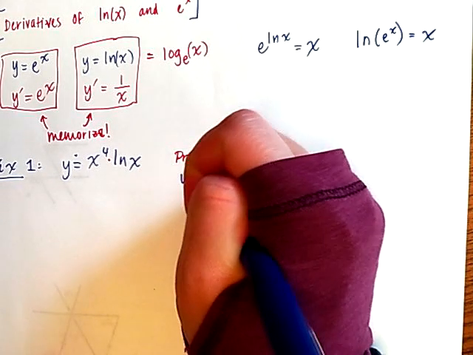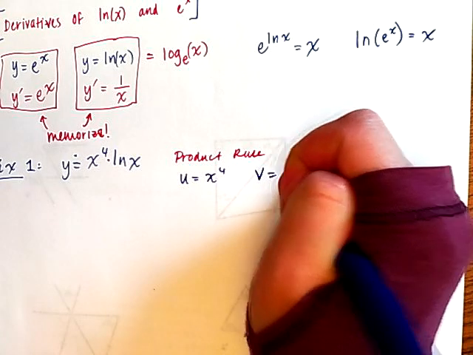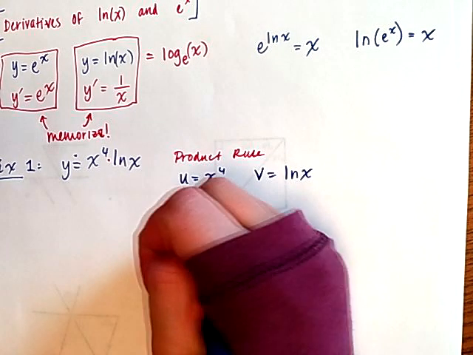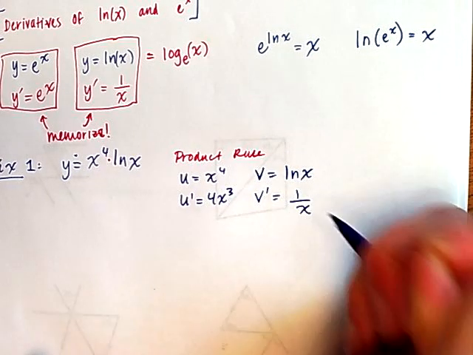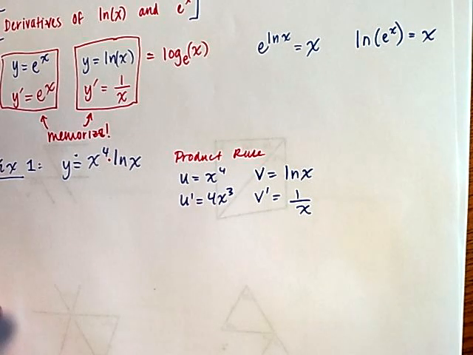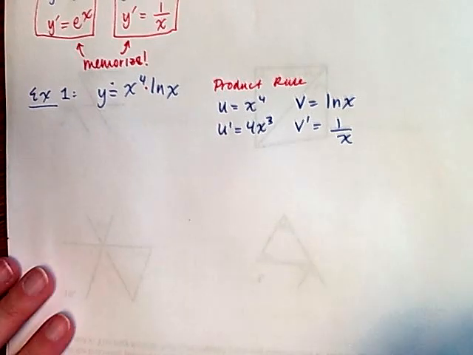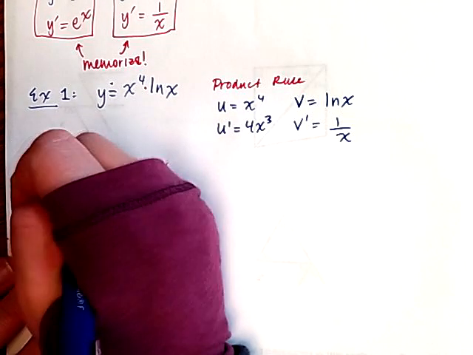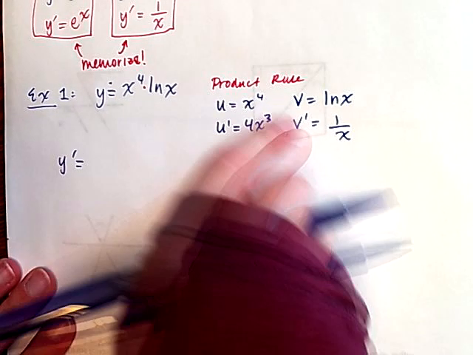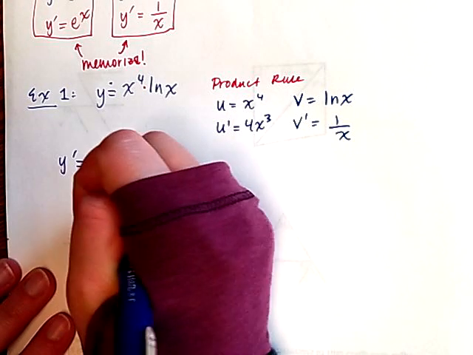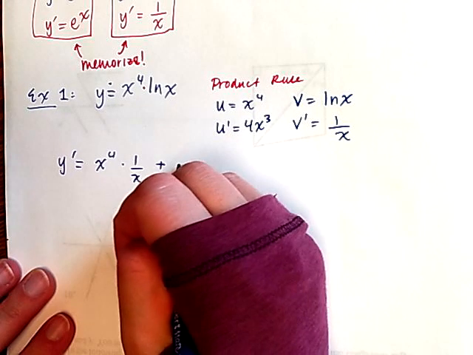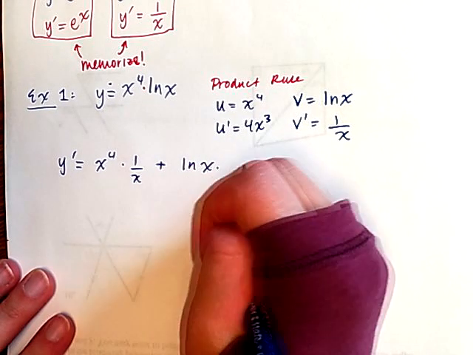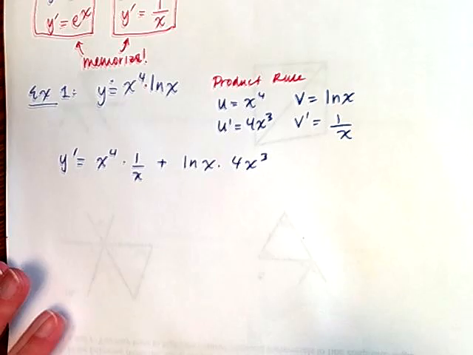U is x to the 4th, v is ln x, u prime is 4x to the 3rd, v prime is 1 over x. So when I put it all together, y prime is equal to u times v prime, x to the 4th times 1 over x, plus u prime times v, that's ln x times 4x to the 3rd.